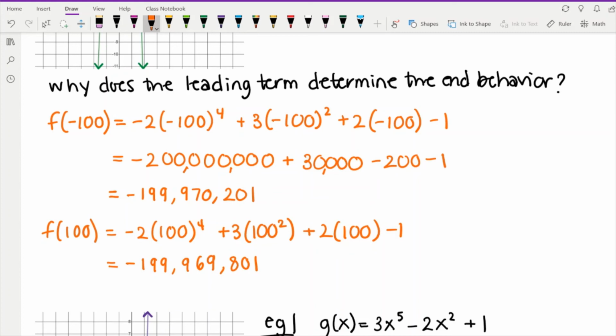And so notice that the result is a little bit different, right? We're not getting the exact same output, but they're pretty close, considering that one number we're plugging in is negative 100, one is positive 100. And that just really goes to show that, again, it's really focusing on this part that tells you the general trend of what your function is going to look like.